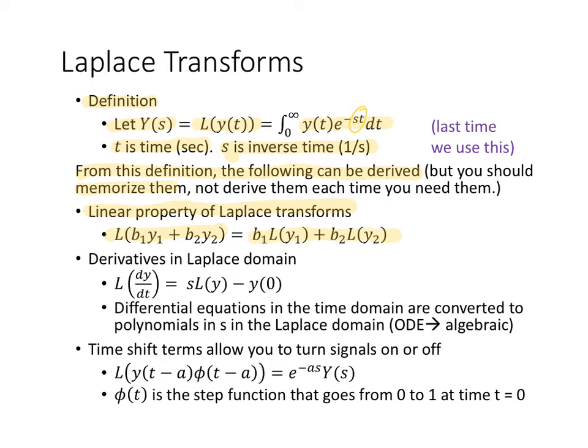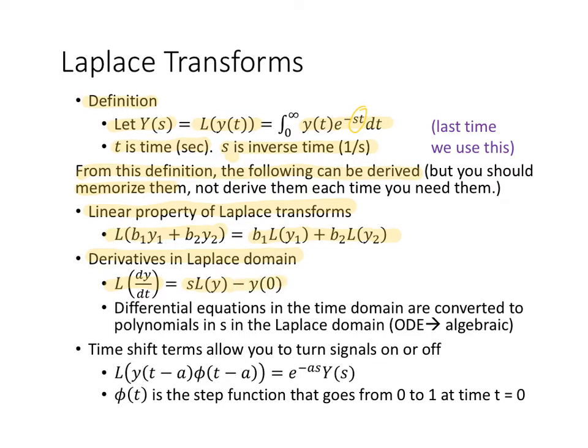Another critical property is that derivatives in the Laplace domain turn into polynomials in S. So the Laplace of a first derivative is S times the Laplace of the function minus its initial condition.